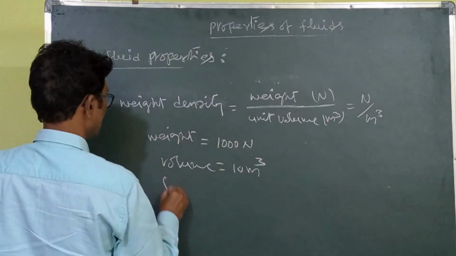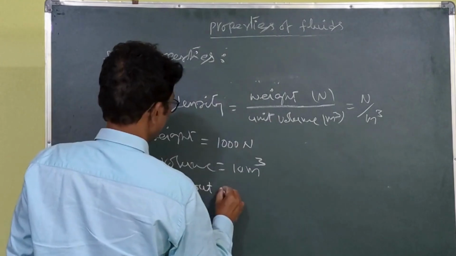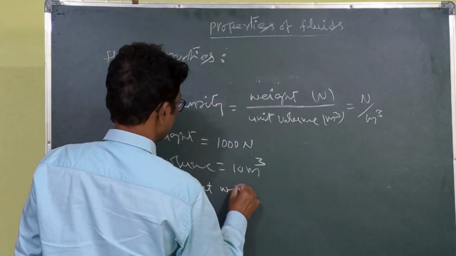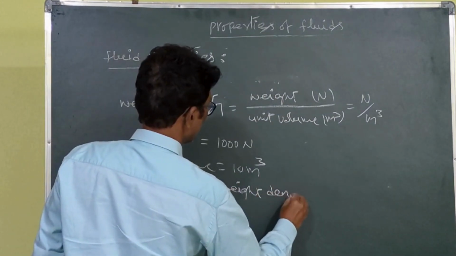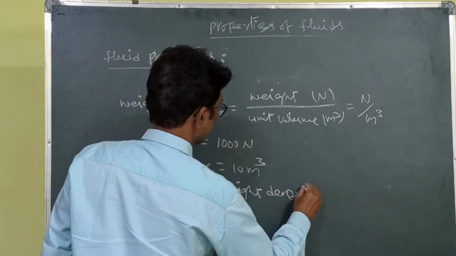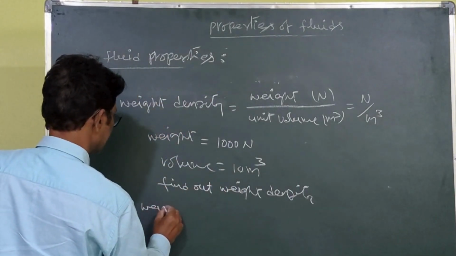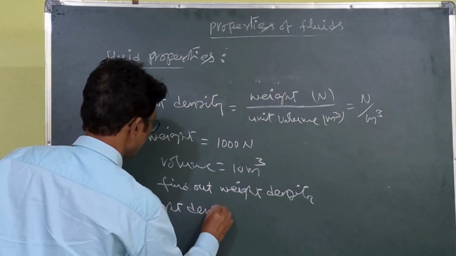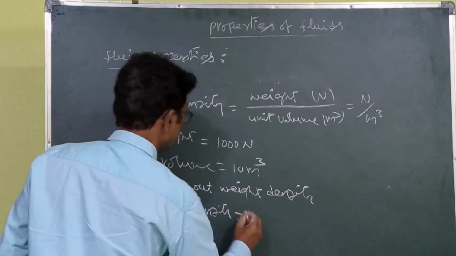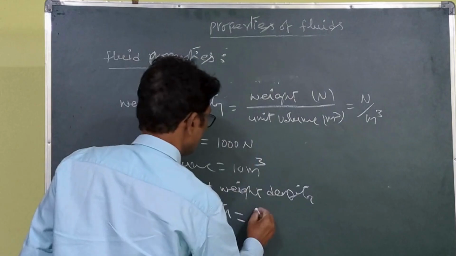Find out the weight density. So weight density is equal to weight by volume.